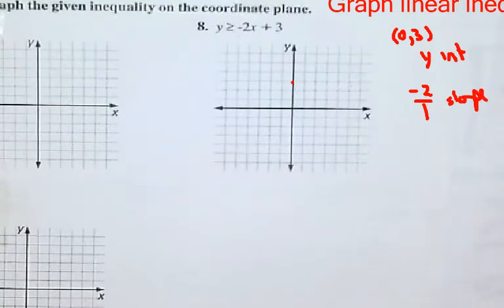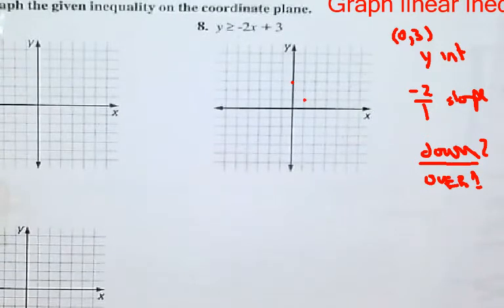What does that mean? Well, negative means down. And then I have to go over 1. So, down 2, over 1. That's what we're doing. So I go down 2 over 1, I have another dot right there. Down 2 over 1, another dot right there. Down 2 over 1. And if I go back this way, I have to go backwards up the hill.